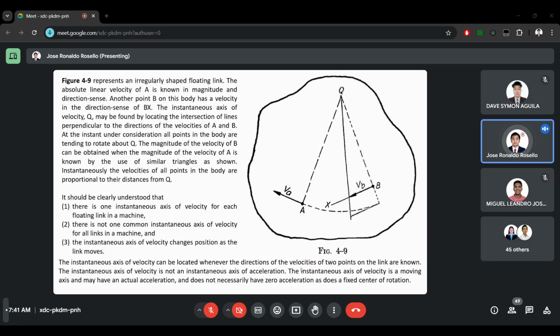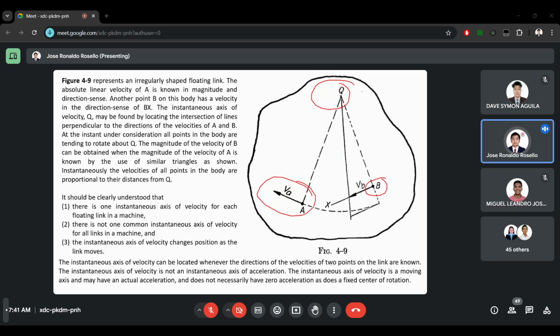So why would we need a compass? For example, for this link, this body, if we have an axis or pivot at Q, and the given is velocity A at point A, and the only other point is B, we can determine velocity B using velocity A using the principles of similar triangles.